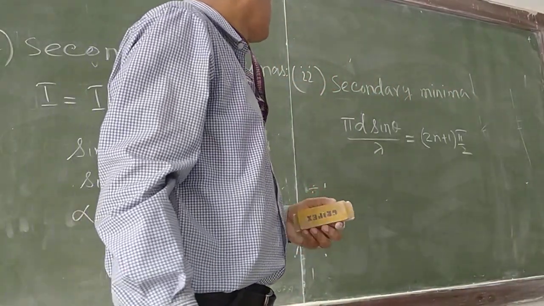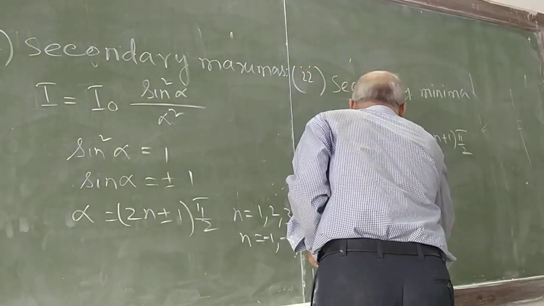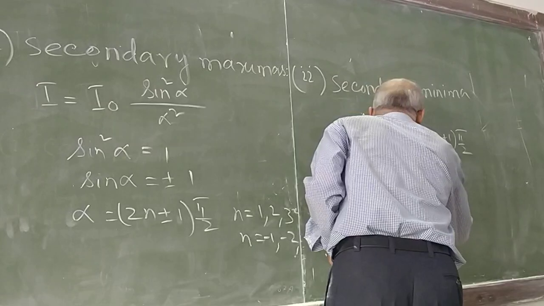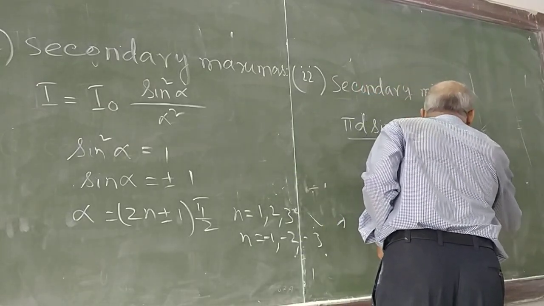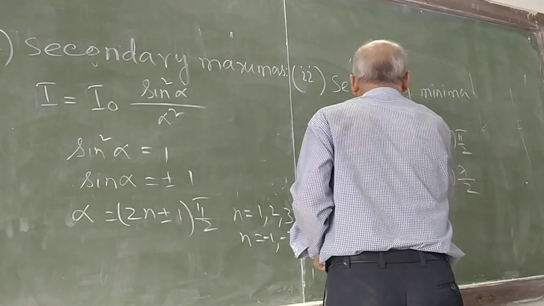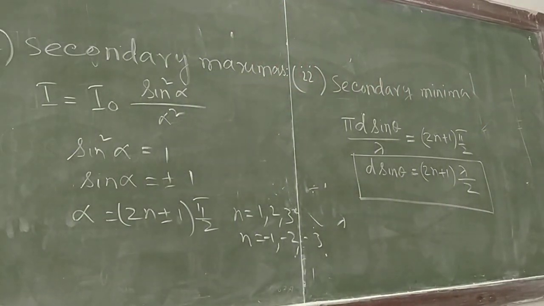Now pi will cancel out and we will get d sin theta is equal to (2n plus 1) lambda by 2. This is the final thing. You have to reach up to this much if the question is asked. n starts from 1, 2, 3, 4, not from 0.